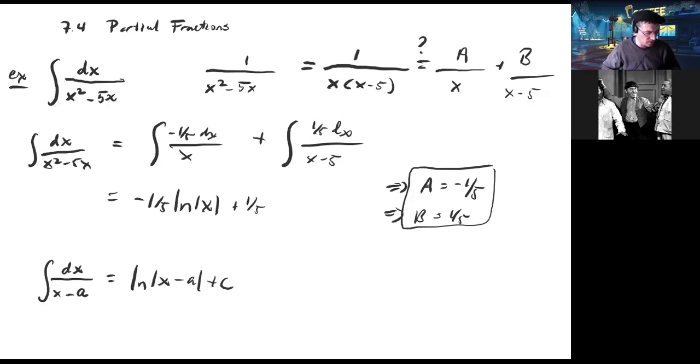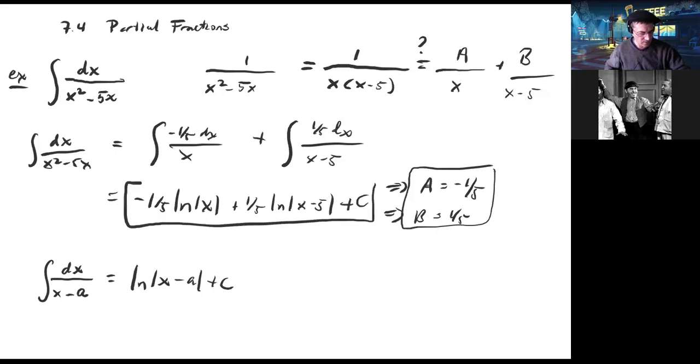I can let u equal x minus a, and then du is dx, and then we get what we get, right? So therefore, this second integral that appears is ln absolute value x minus 5, and then we can add the c at the very end, and we've done the integral that was on the worksheet, and it was very easy once we implemented this method.